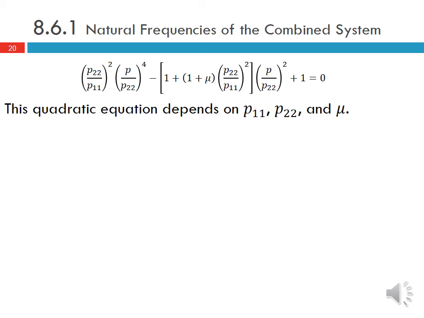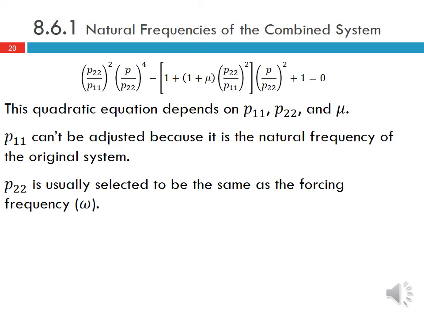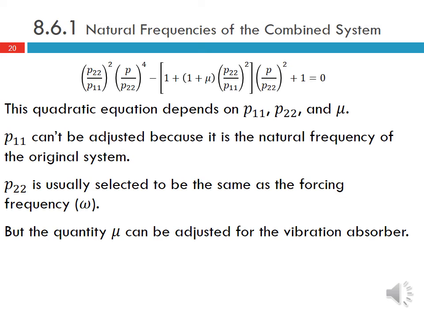So the quadratic equation depends on p11, p22, and mu. p11 can't be adjusted because it's the natural frequency of the original system. p22 is usually selected to be the same as the forcing frequency. But the quantity mu, which was our mass ratio, can be adjusted for the vibration absorber.